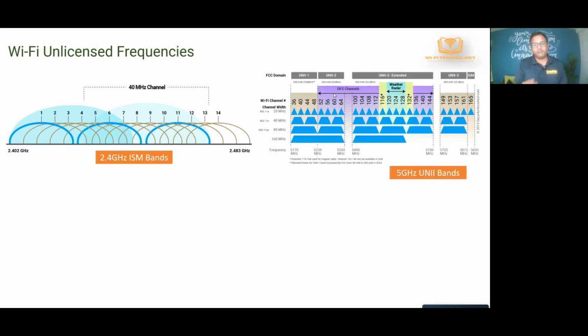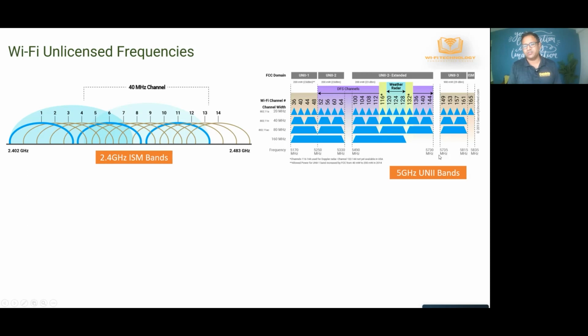In the 5 gigahertz band, later when 11a technology came out, they opened up spectrum in the UNII bands. So there are some frequencies that were opened up for unlicensed use for Wi-Fi, and these frequency ranges are from about 5.1 gigahertz to about 5.8 gigahertz.